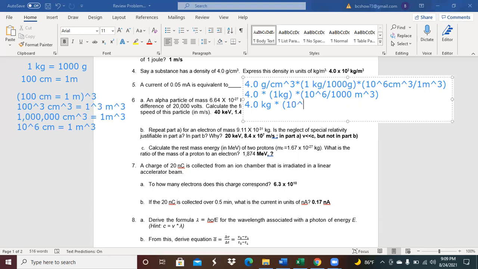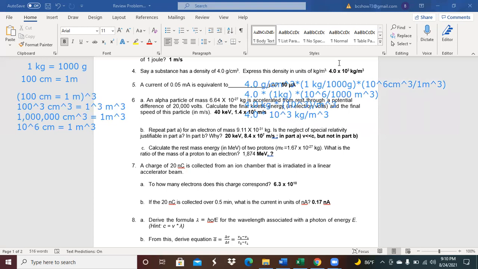So 3 of those 10s cancel out with 3 in the top, leaving us with this. So that's the same as 4.0 times 10 raised to the third kilogram per meter cubed. That is a long expression or a long process there, but that's where it comes from.